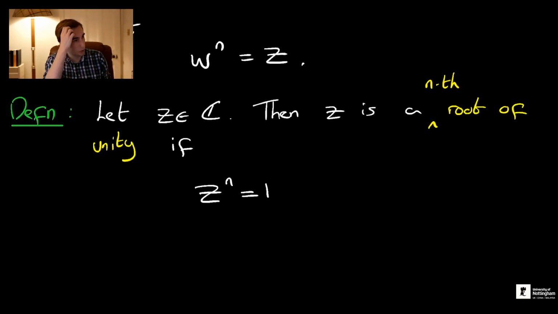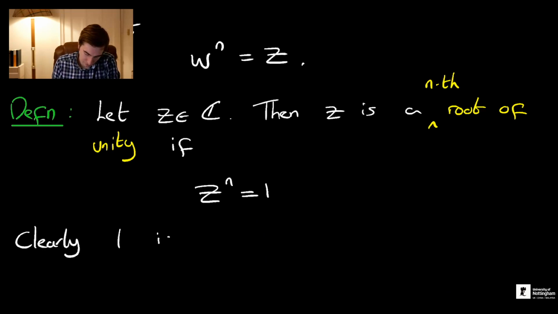Now, how would we go about solving this equation? Well, there's an obvious solution, z equals 1. Clearly 1 to the power of n, where n is a natural number, is simply 1. So clearly 1 is a solution.